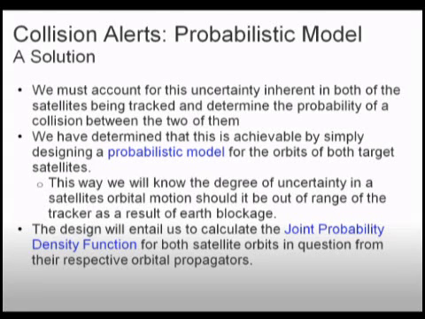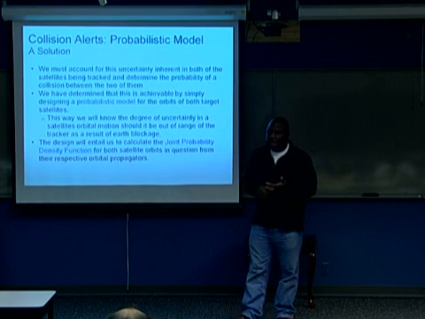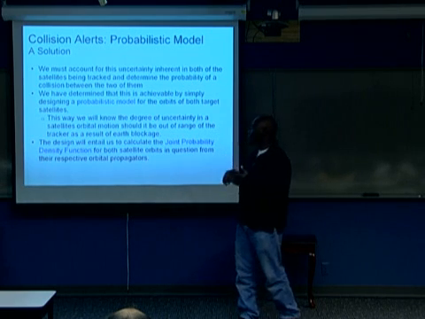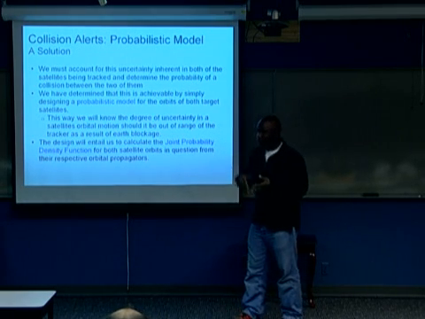Now the question I'm trying to answer, because I'm obviously an EE and Aaron is not, is the PDF, the joint probability density function of these satellites. For example, we know we can propagate the trajectory of the satellites. If we're given the motion, we can use the EKF or the unscented Kalman filter to get the trajectory.